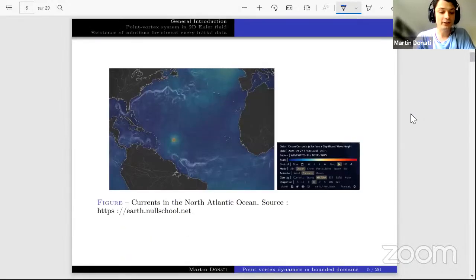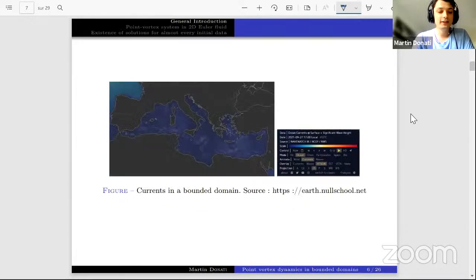It's also visible in the ocean. If you take a look at the currents in the ocean, you can see many vortices, many turbulent flows. And even here, unfortunately, a great example of a hurricane, which formed a couple of days ago in the ocean. What I'm interested in is the effect of the boundary.